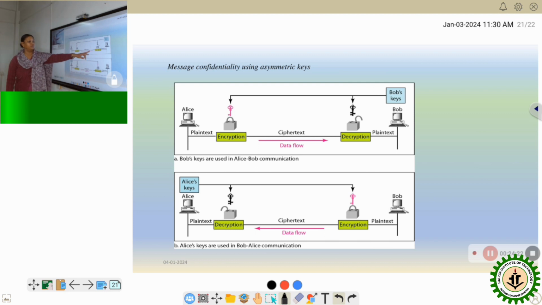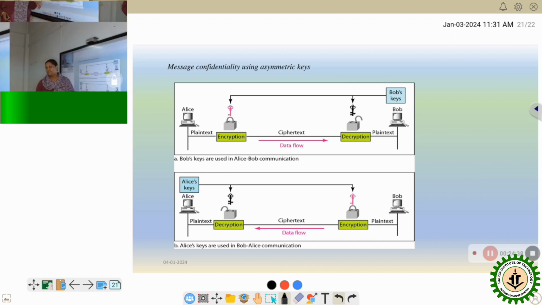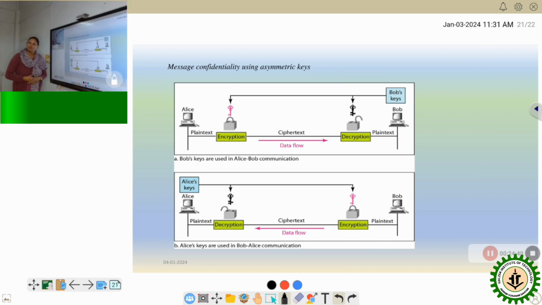Here Bob's key, on the right side, is used on both sides. Here Alice's public key and private key are both used for encryption and decryption. So here are some basics of computer networks we discussed in this session. Hope you understand, and thank you.